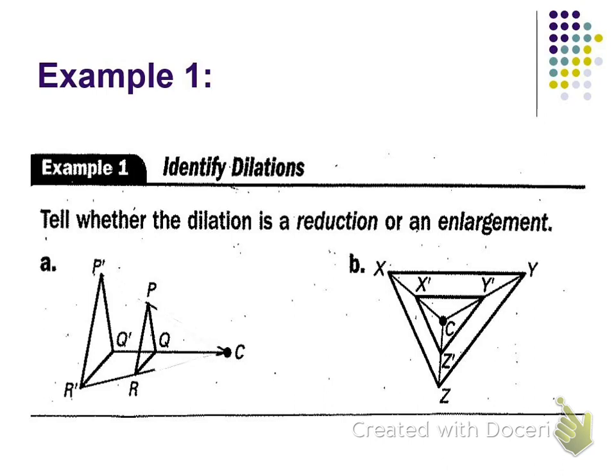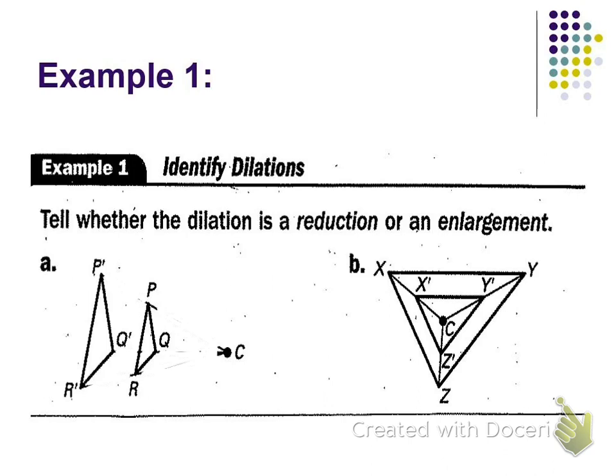We're just looking at P, Q, R, and P prime, Q prime, R prime. So we're really just focusing on these two figures. Remember, the ones without the primes are your originals, and the ones with the primes are the new figures after we dilate.